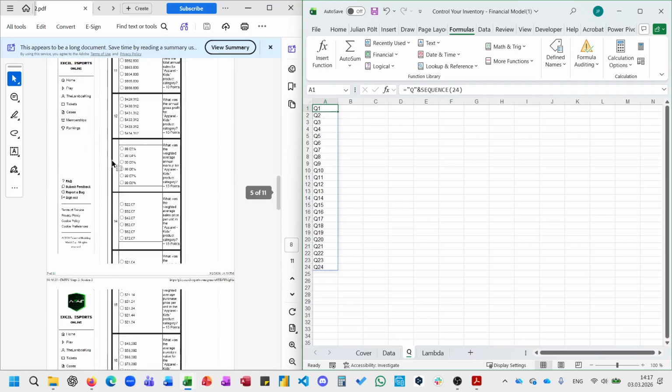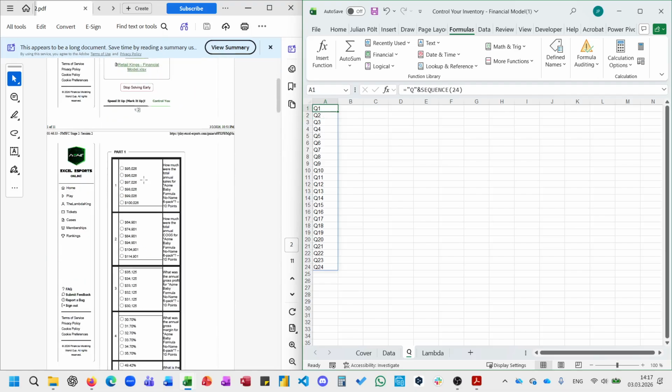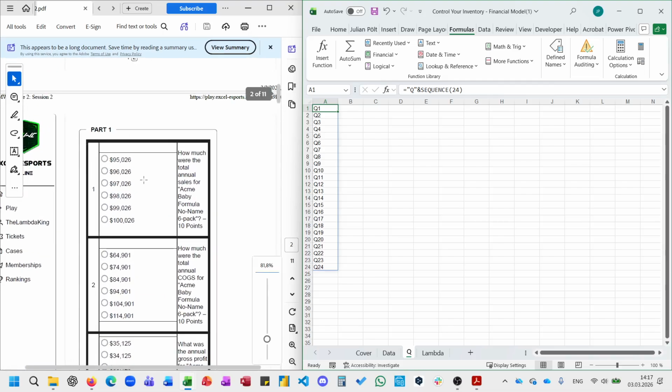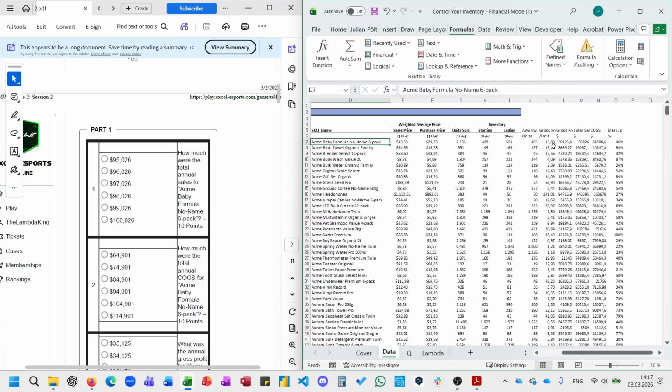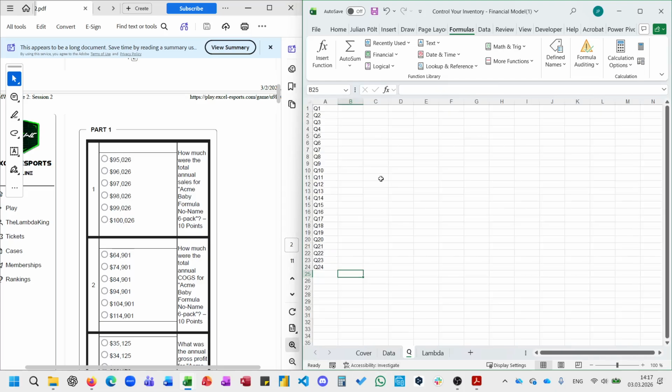Okay, here we go. So first question: total annual sales for Acme Baby Formula number 1 6-pack. This is the first one here, and the total sales is 9506, so answer A.